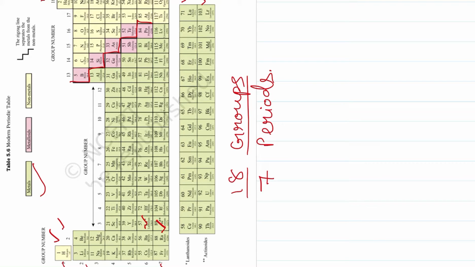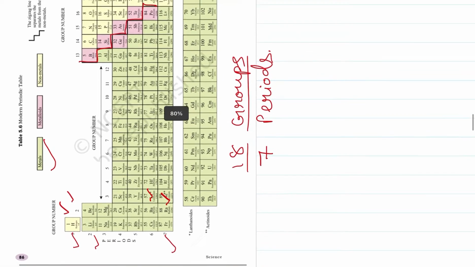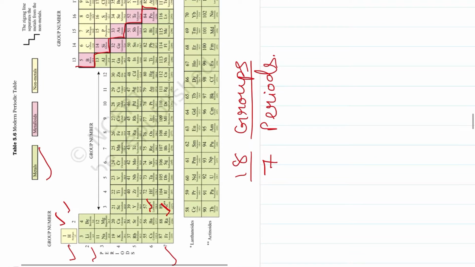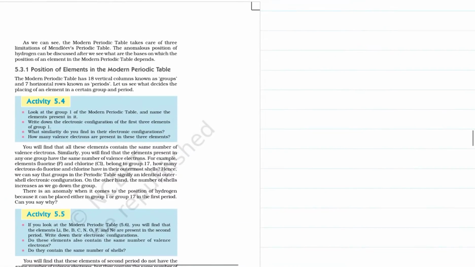So this is what is called the modern periodic table, which is very much similar to the periodic table given by Mendeleev. Now you will observe here that hydrogen is placed separately. There is no connection between the lines of hydrogen, which shows that it is given a special position due to its properties. Now let us discuss each of its properties in detail.